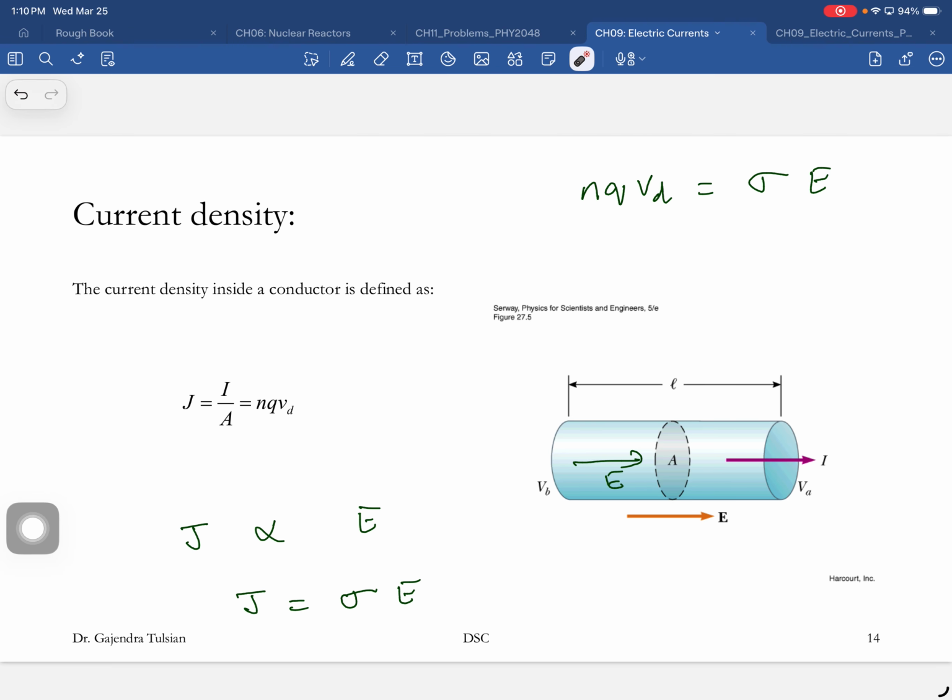When you crank up the battery, you're cranking up the electric field in the wire, and you're speeding up the drift velocity. So even though you can't see the electrons, you can push them around.